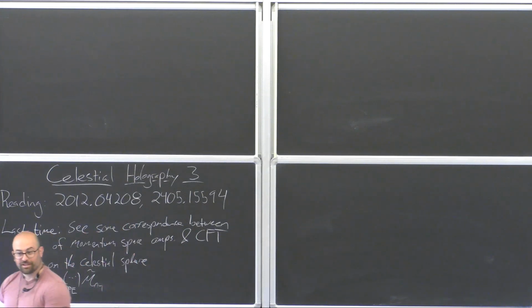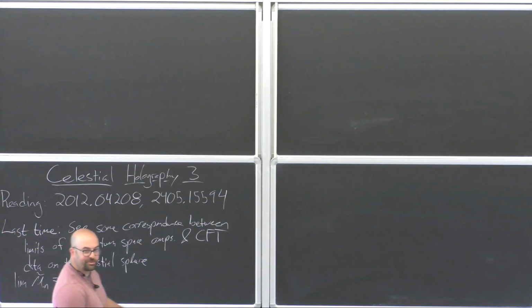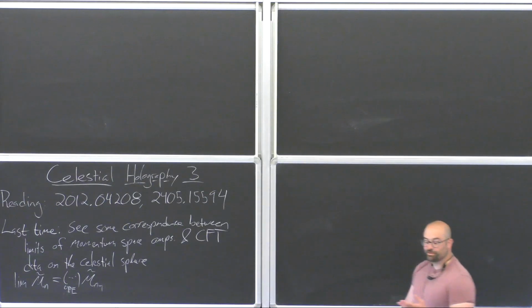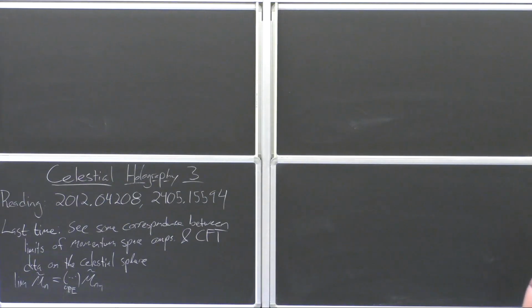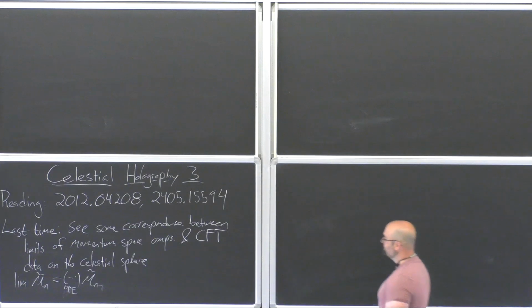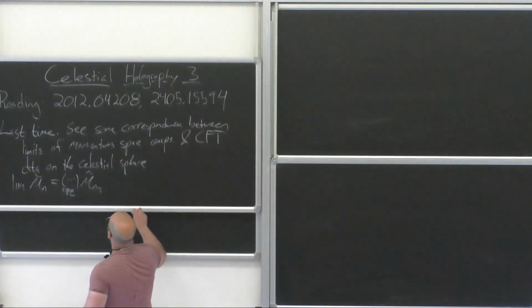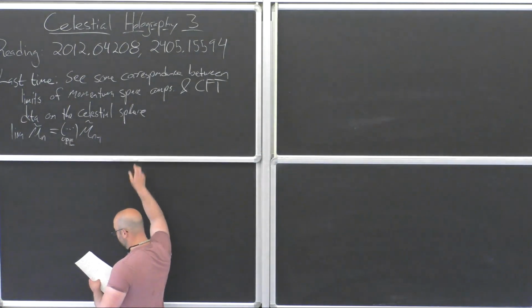Poles, branch cuts, these things tell us physical things going on inside of the scattering amplitude, like factorization channels, thresholds, resonances. So the analytic structure of a scattering amplitude in momentum space is super important. And the question is, what is the analytic structure of a scattering amplitude evaluated in this conformal primary basis? In some sense, that's the story we're going to be talking about today.